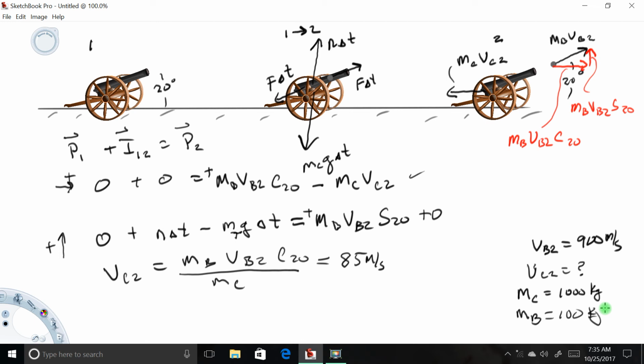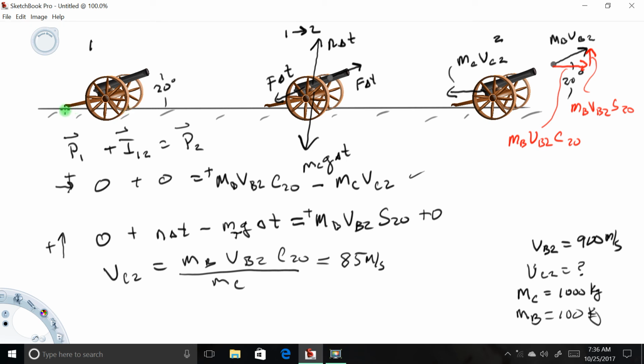So this cannon would recoil with considerable speed, and it would also have considerable kinetic energy when it recoiled. Of course, when people fire big guns like this, they tend to be locked down. In some way, shape, or form, this would normally be attached to the ground if this were a real working cannon. Also, by the way, this was assuming no friction at this interface. Like this is on a wheel on a very hard surface or something.